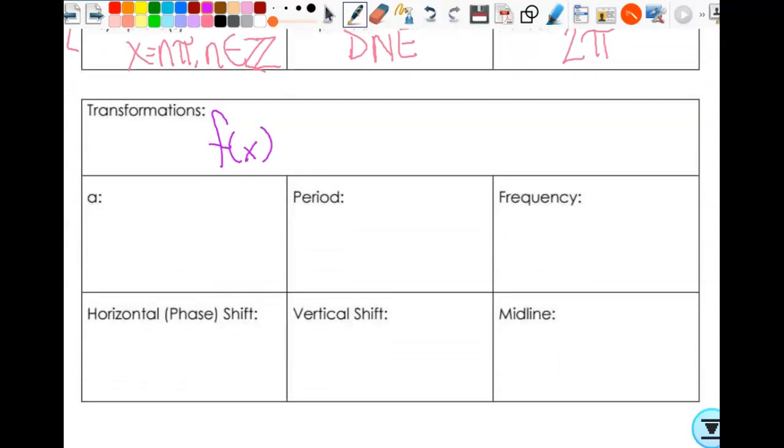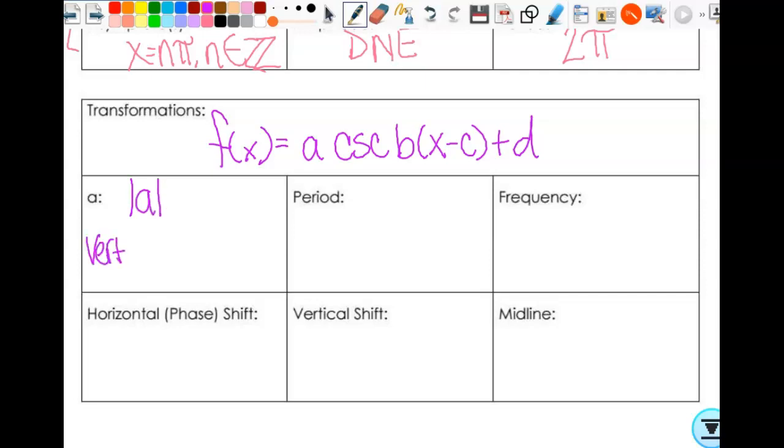F of x equals a times the cosecant of b times x minus c plus d. So a, we still take the absolute value of that. That is still your vertical stretch or compression. The period is still 2 pi divided by the absolute value of b.